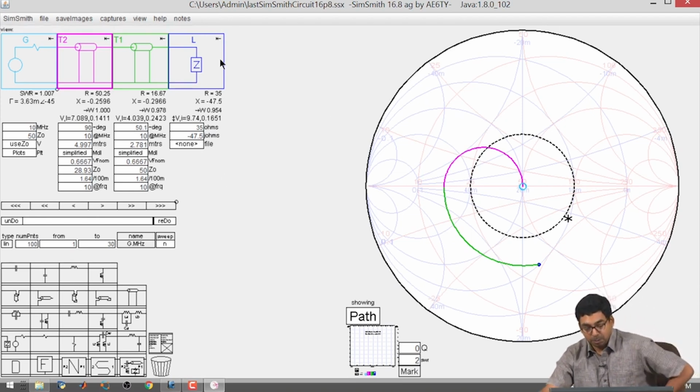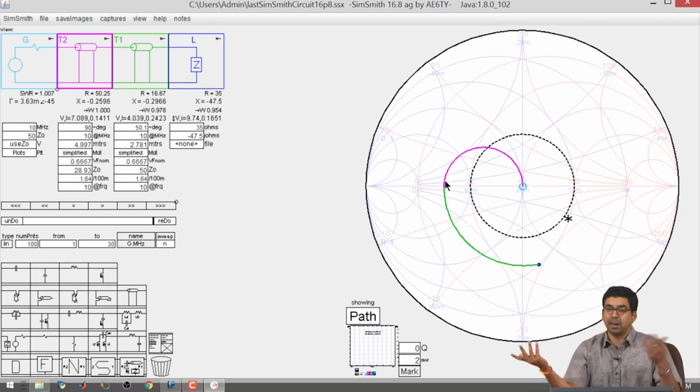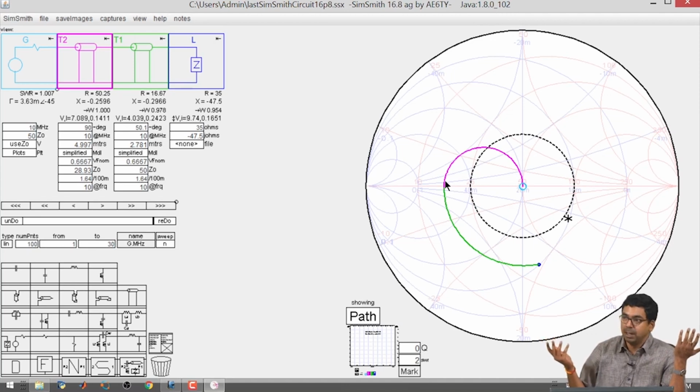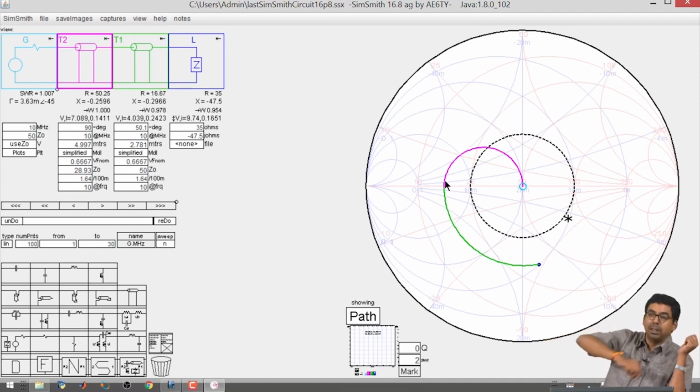Okay. Suppose you want to use a quarter wavelength transformer like this, you will have to bring the complex load impedance to the real axis first. You can use a transmission line to do that. A transmission line will take you around in circles of constant VSWR, and the constant VSWR circle cuts the x axis in two places, all right.